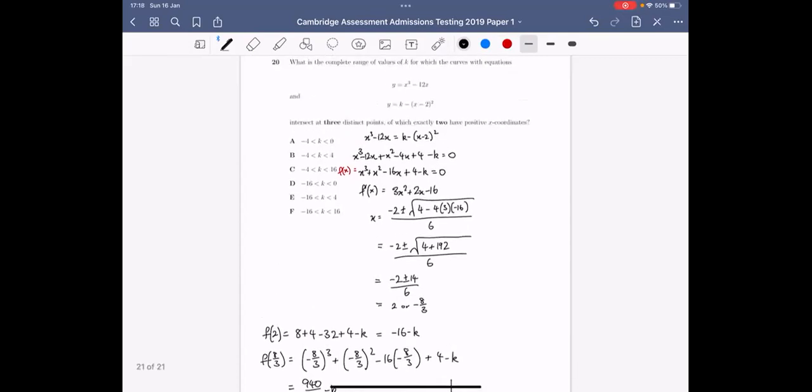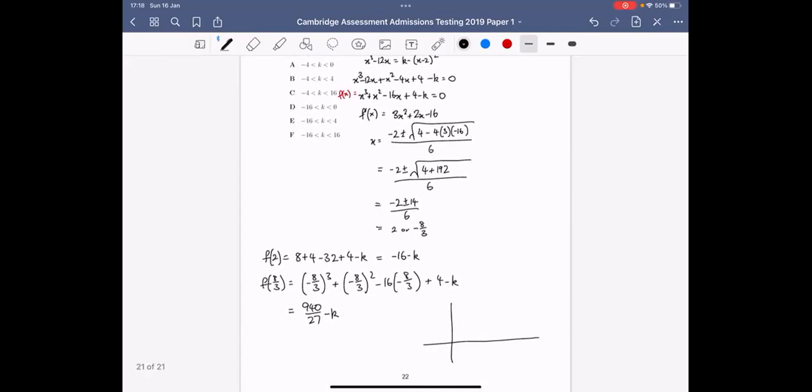I guess also notice that the y-intercept of this is 4 minus k. So since all of them have minus k's, you kind of get an idea of where they need to be. This fraction is massive, so it should be somewhere up here where this is minus 8 over 3.